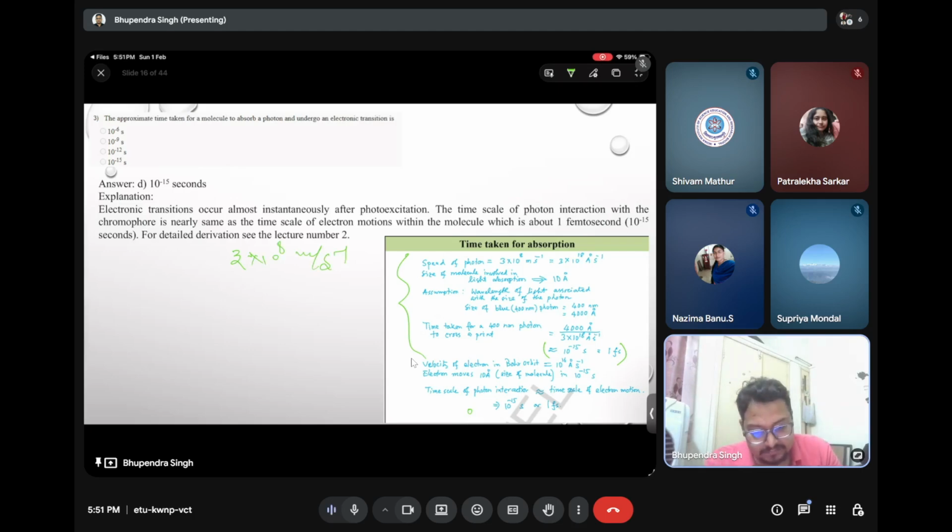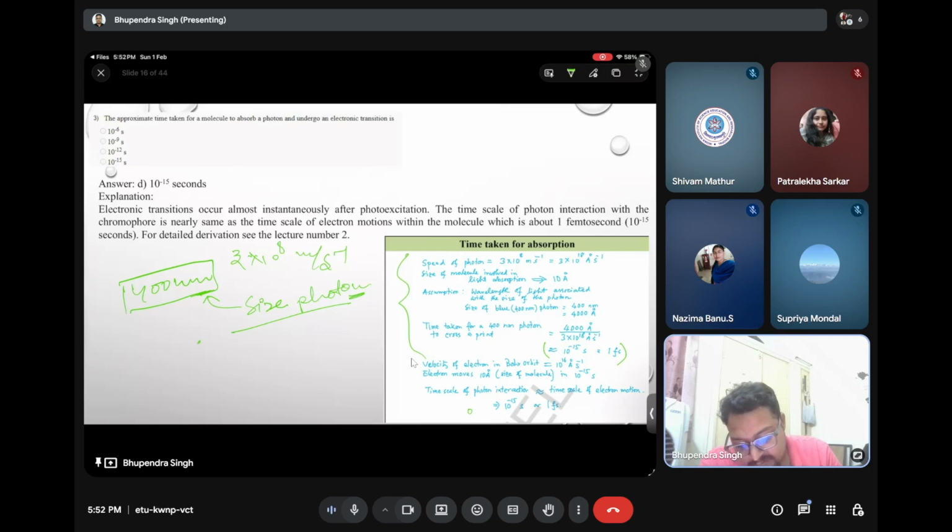And let's say the wavelength of the light is 400 nanometer, and we are assuming that the wavelength of the light is associated with the size of the photon. So let's say this is the size of the photon.